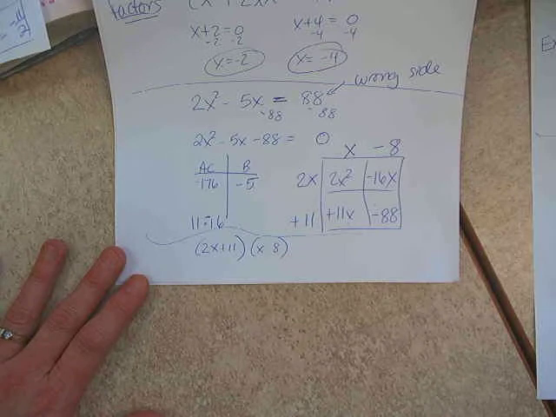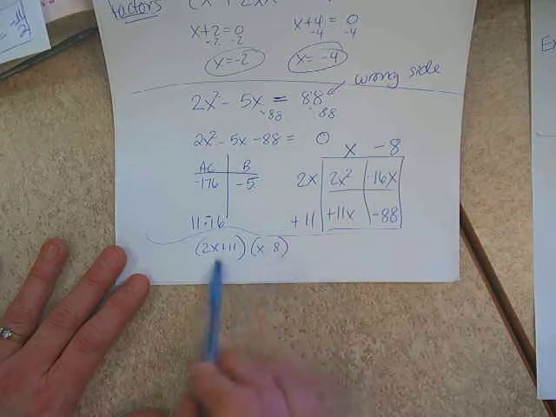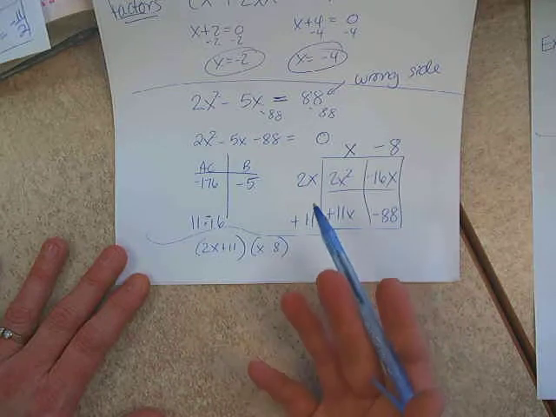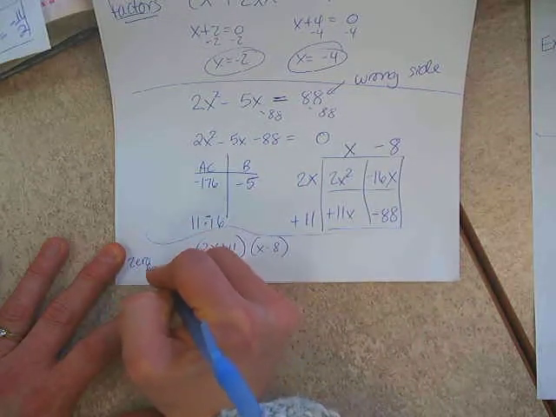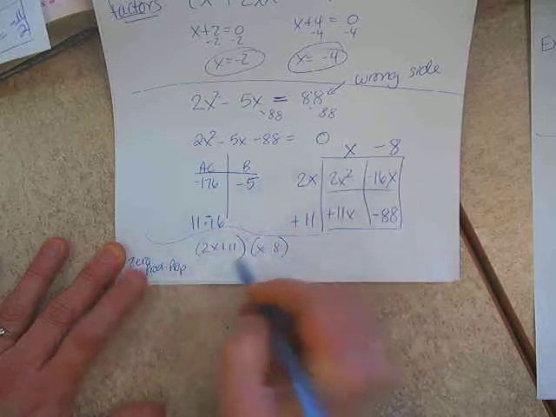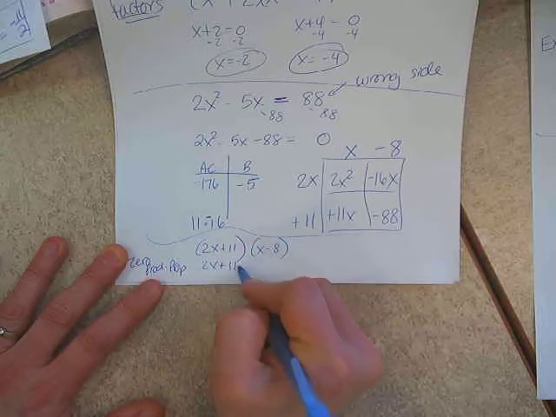Those are factors, not solutions. What do I still have to do? Yeah, I have to set each of these equal to 0 to solve, right?